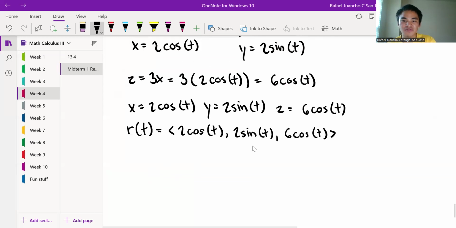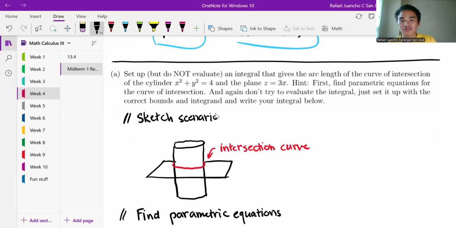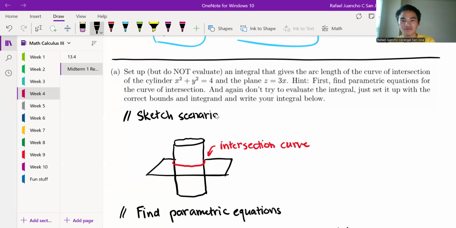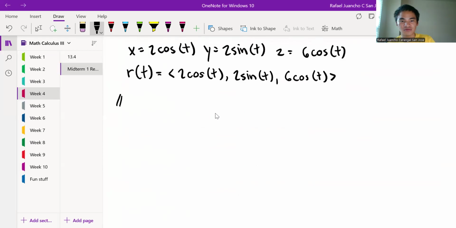So that's our vector function for this curve. And now we actually want to get its derivative, right? So here we want to set up an integral for arc length, or for the length of this curve.